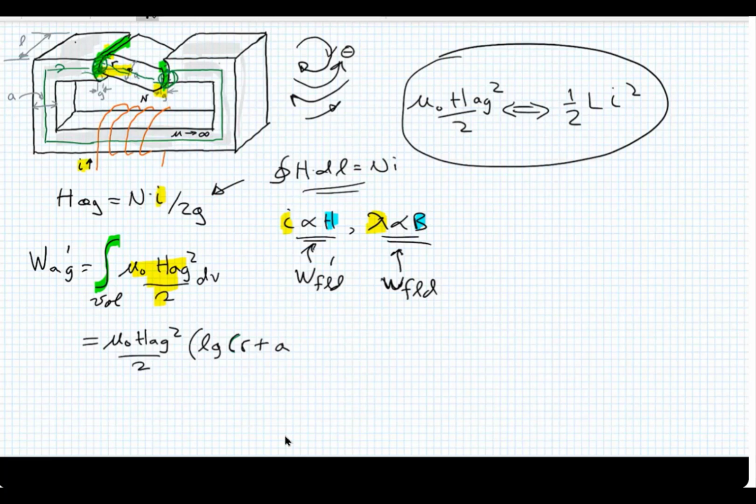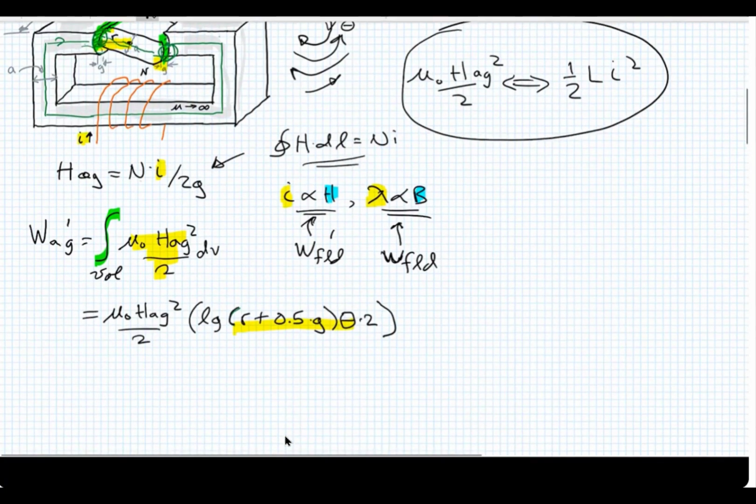Where is the A at? Well, I don't think I need to worry about the A. I apologize, you can't read my writing. It's just, this is the expression, 0.5 times G, the gap length, times theta. So this whole expression is the theta dependency, and it's really what you're always looking for. Now, since we have two gaps, there's a factor of 2 times this whole expression. And there is your energy.